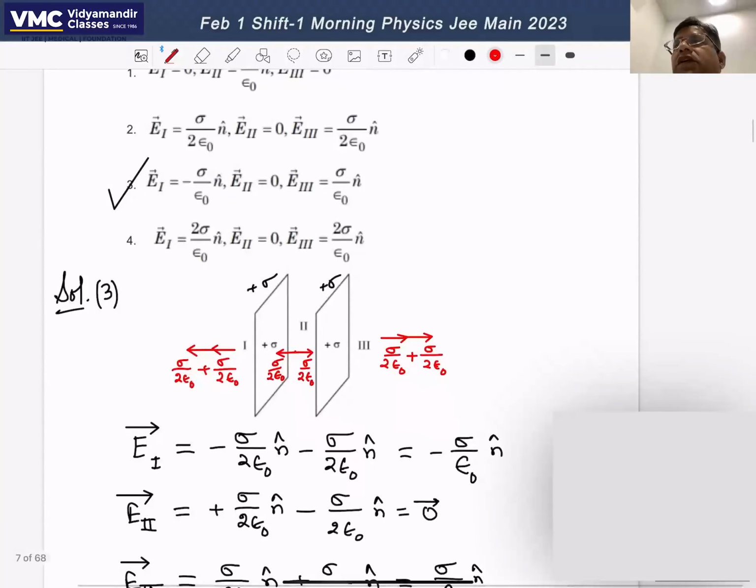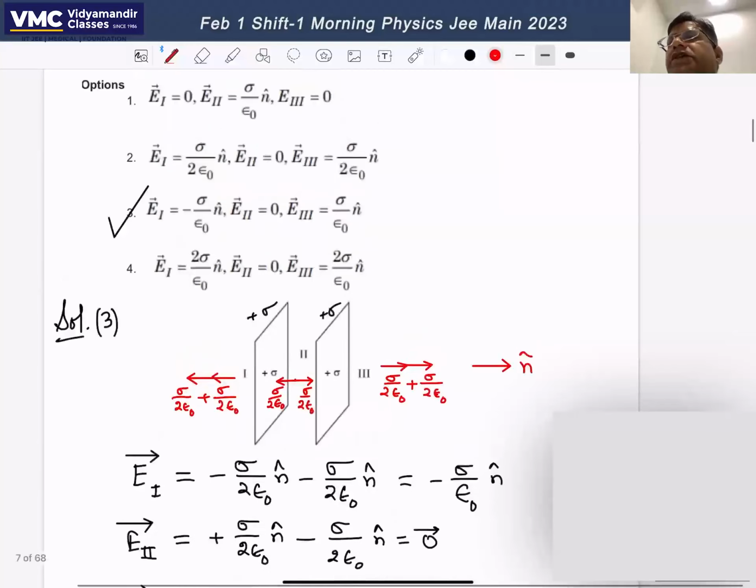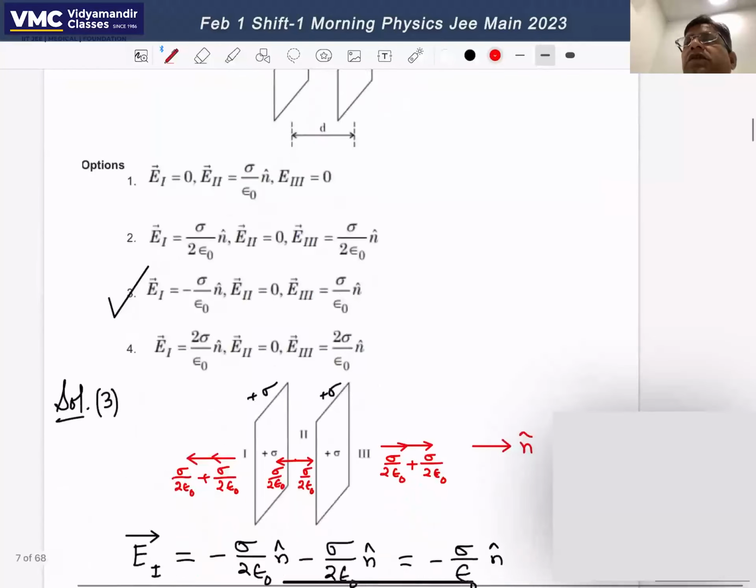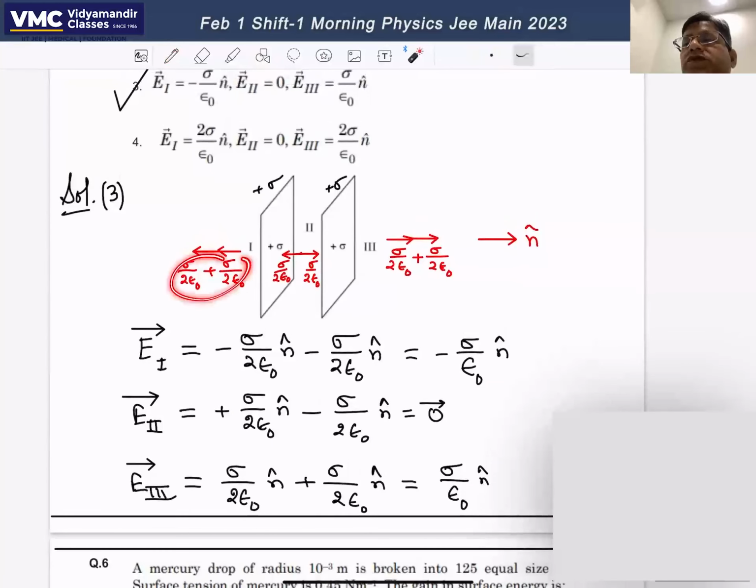Now if we consider n cap as the normal unit vector in the right direction, then E1 vector will be the sum of these two, and it will be towards the negative direction, minus n cap.